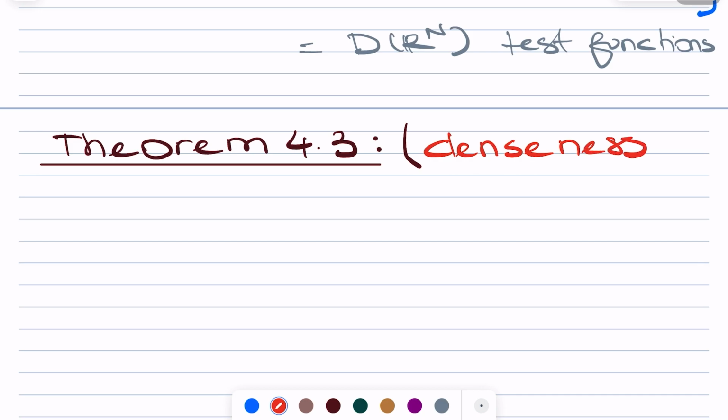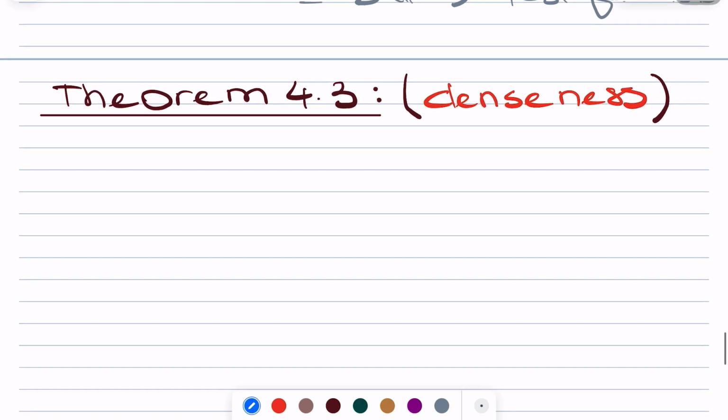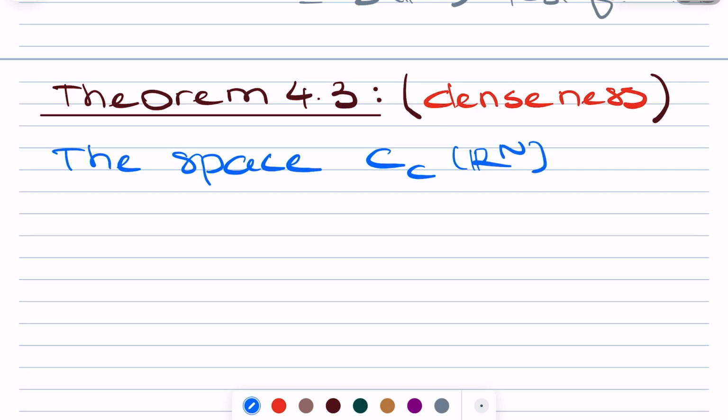The space CC of Rn, the space of continuous functions with compact support, is dense in L1 of Rn.